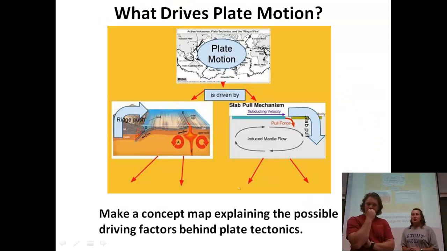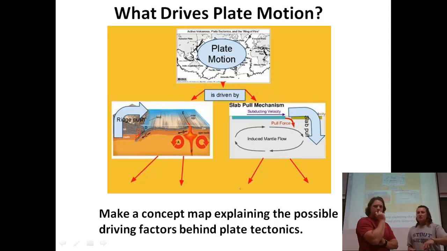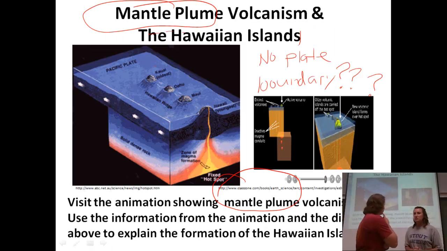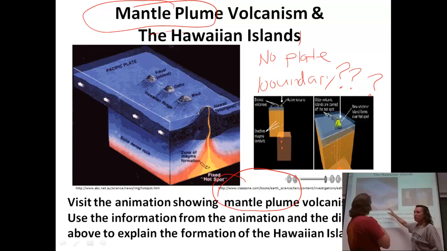So what we want you to do with this one, oh, can we pop back to that slide just a second? What we want you to do is hop out and go to this particular little animation. You're going to see an animation that shows how the Hawaiian Islands are actually forming.